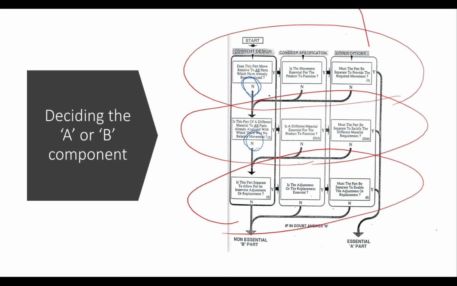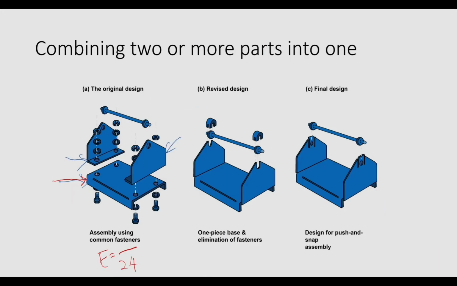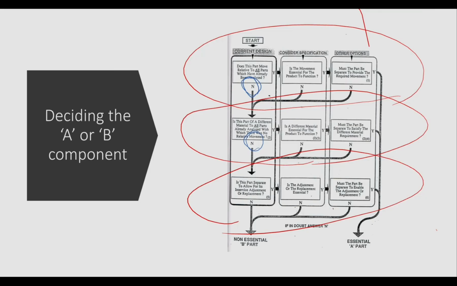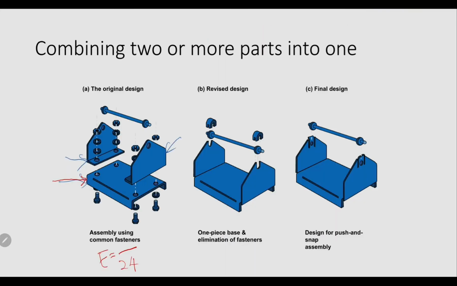Looking back at the design, probably no. It depends on the design and the function, but let's say in this example the answer is no. So now we know that the base is a B part.